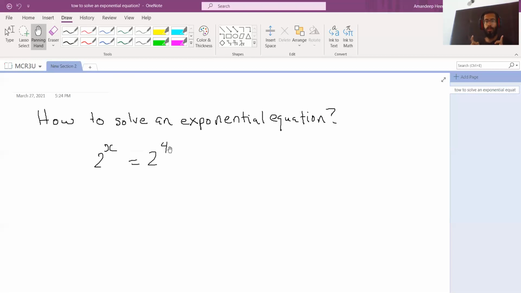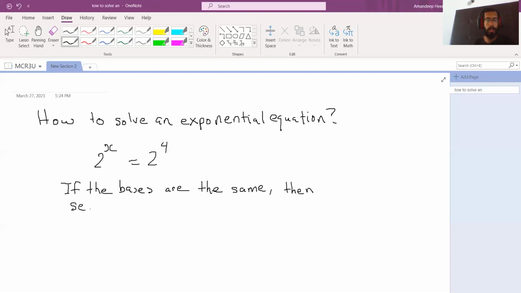So if you want to solve for x, if you have a common base, what you can do is set the exponents equal. Let me write this down. If the bases are the same, then set the exponents equal.